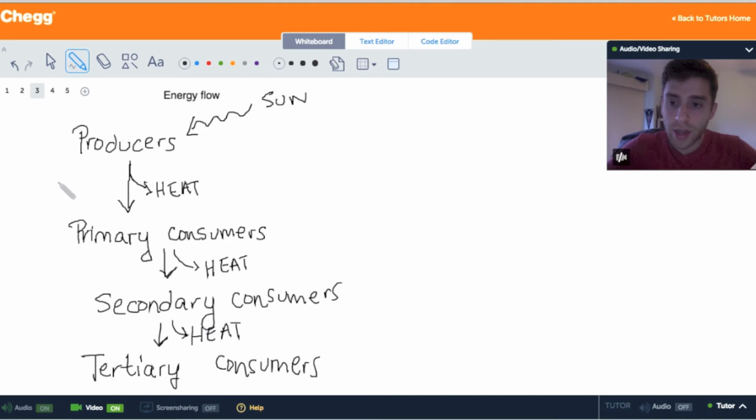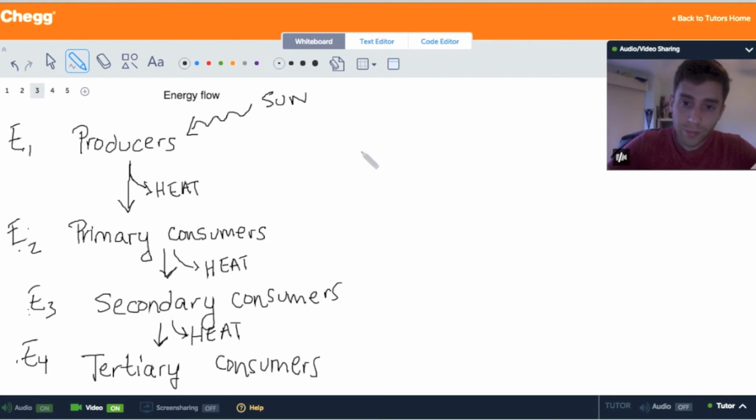So at each level, let's call this E1, so energy 1, the energy of the producers, E2, E3, and E4. At each level, you're losing energy as heat. So E2 is going to be less than E1, E3 is going to be less than E2, and E4 is going to be less than E3. So the tertiary consumers get the least amount of energy.